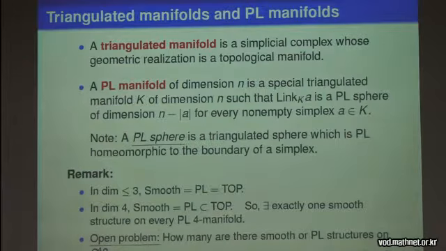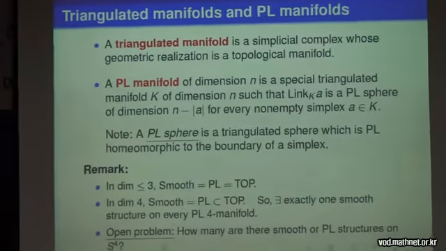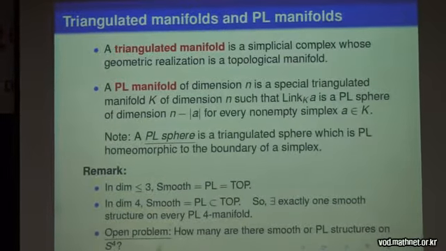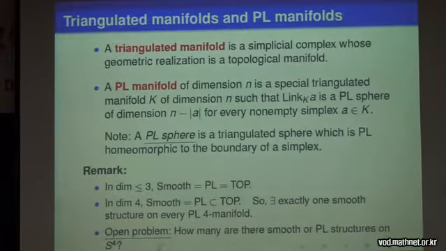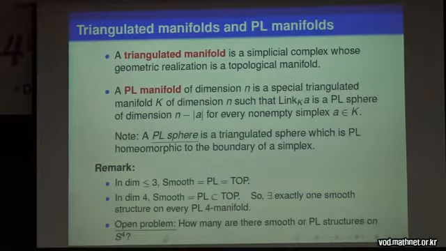Here is a remark. If the dimension is less than 4, there are three categories: the smooth category, the PL category, and the topological category, and these three categories are the same. In dimension 4, the smooth category is equal to the PL category.